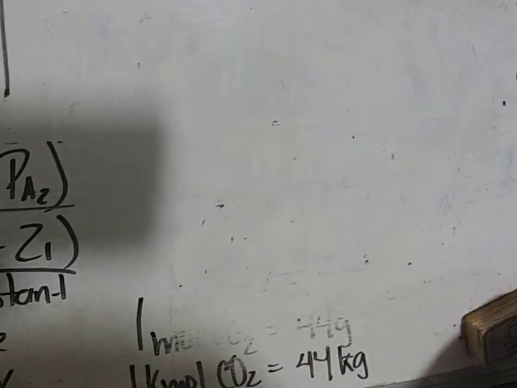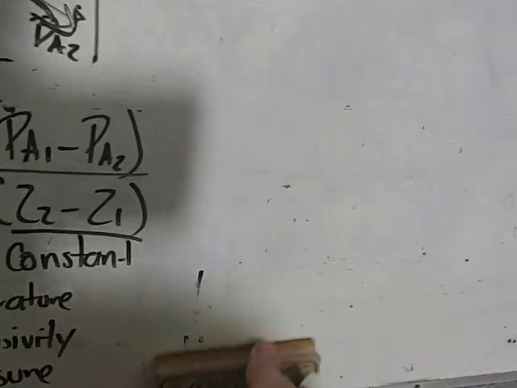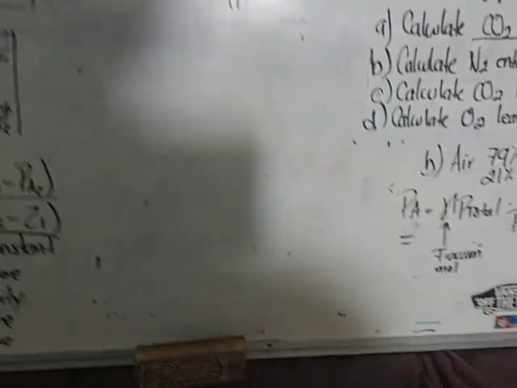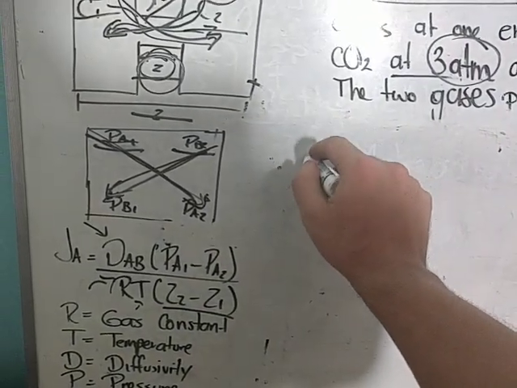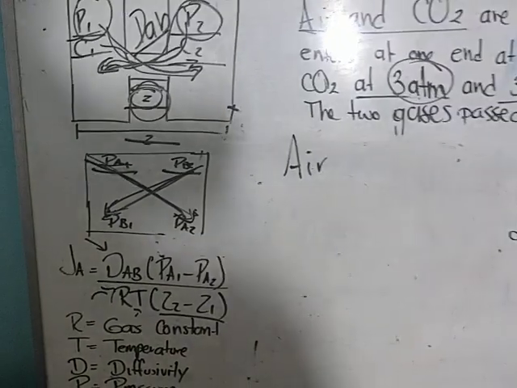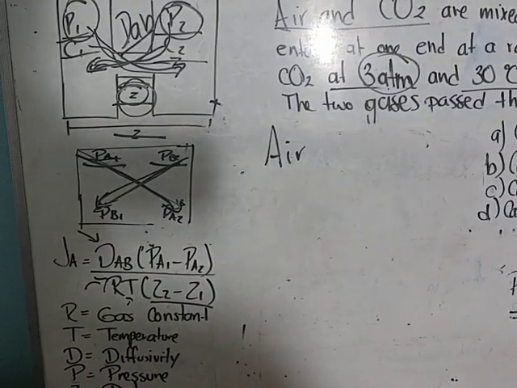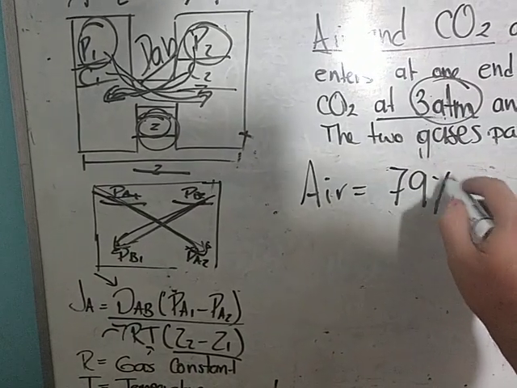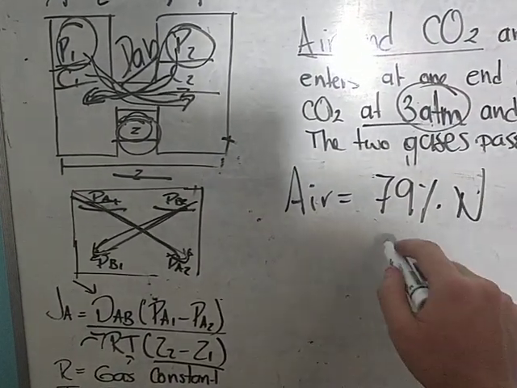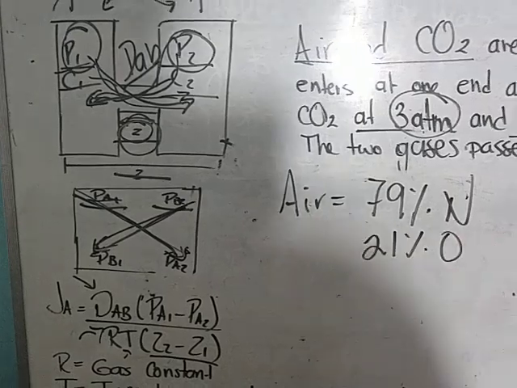Well, to consider the nitrogen, what is it given by? Well, I don't have the nitrogen as given. I have one consideration that is called air. The air has 79% of nitrogen and 21% of oxygen.